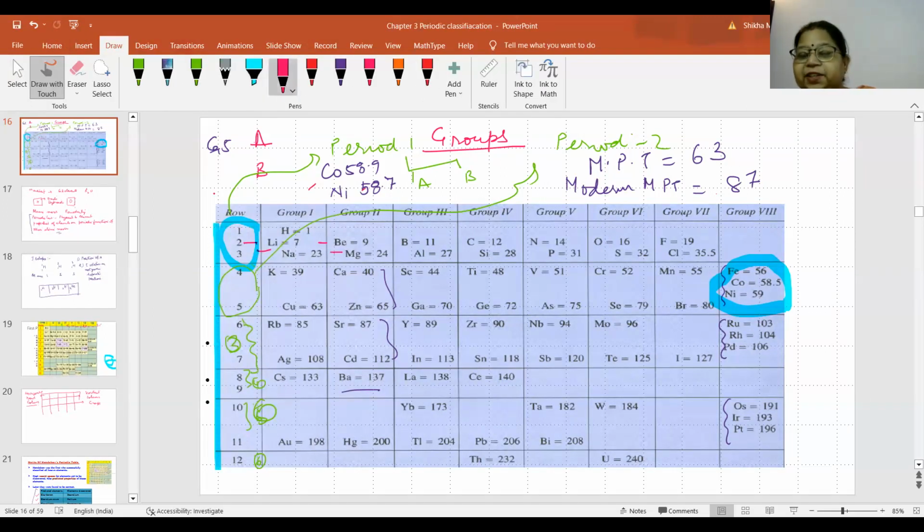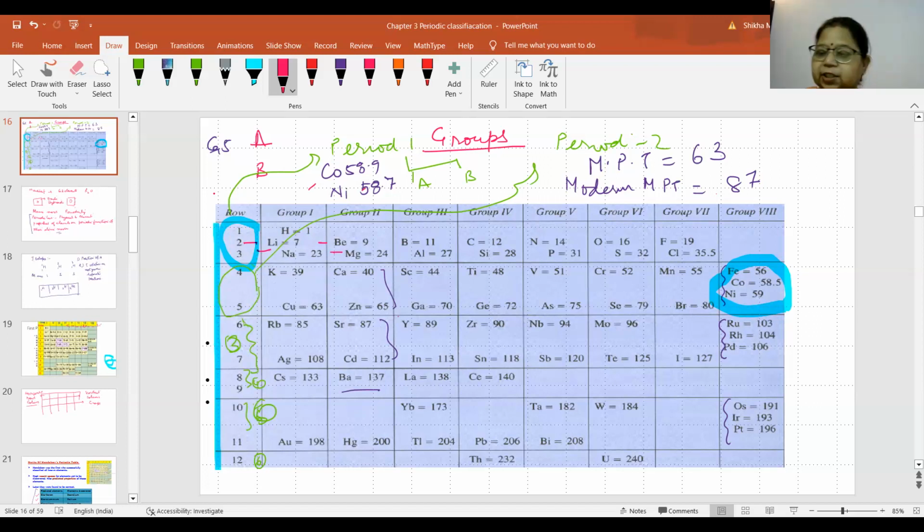But that gave us a good exercise. So between cobalt and nickel, is it clear that nickel, 58.7, should have been placed before cobalt? Is it clear or not to everyone?